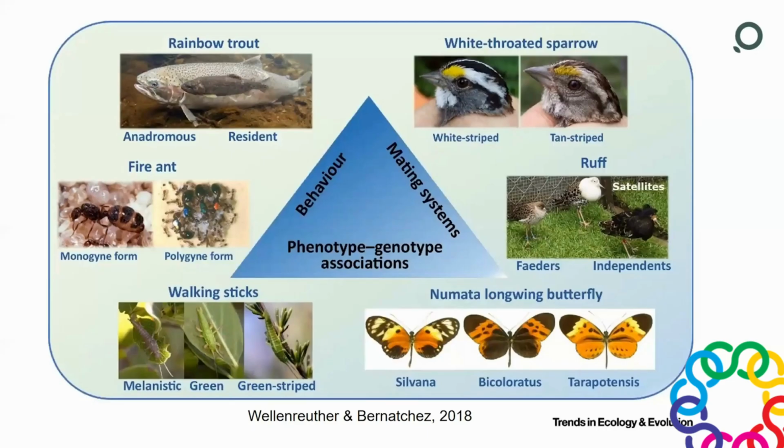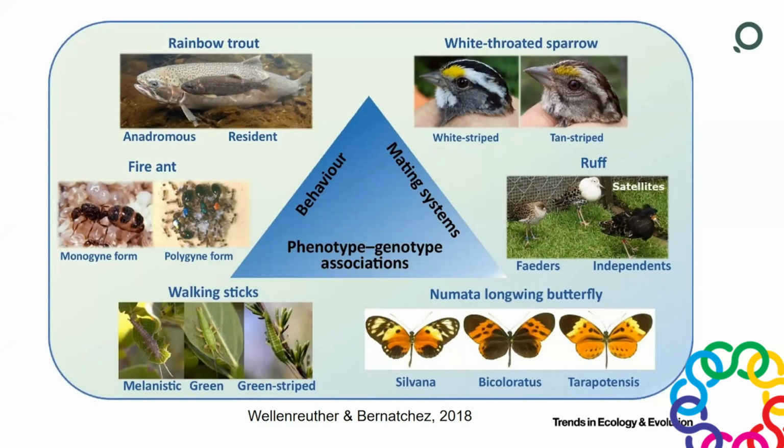And you see that here on the slide. So a lot of inversions that have been described in these model species for eco-evolutionary studies, you can see good examples where inversions are having an impact on the behavior of the species, such as seen in rainbow trout, where you have the anadromous and resident ecotypes, for instance.